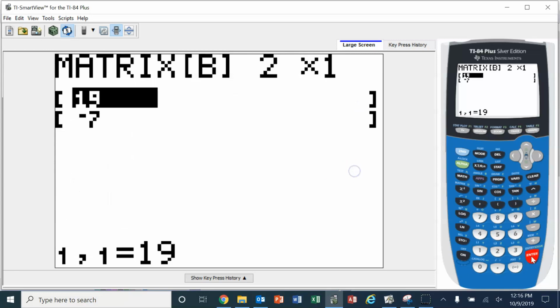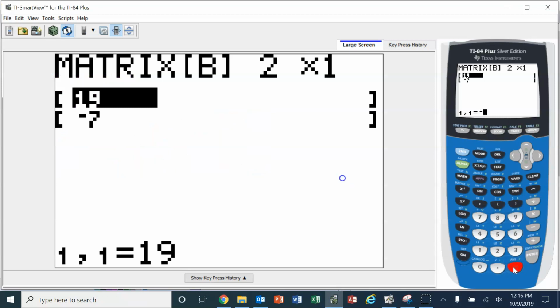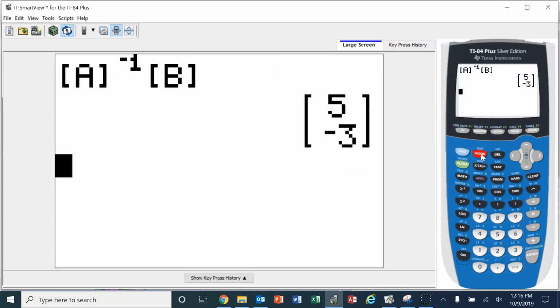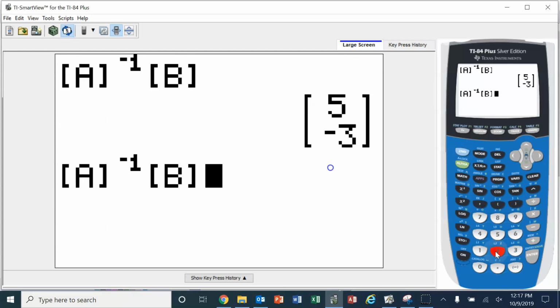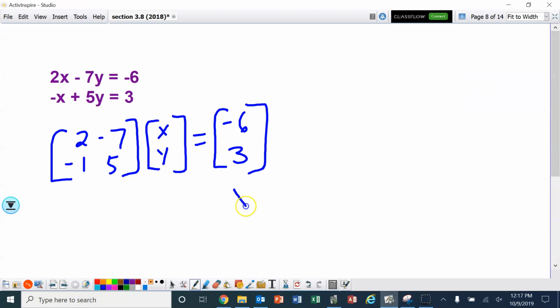Okay, 2 by 1 again, and it's -6, 3. Quit. All right, and again, go back to the matrix. Pick A, inverse. Go back to the matrix. Pick B, enter. So the solution to this is -3, 0.